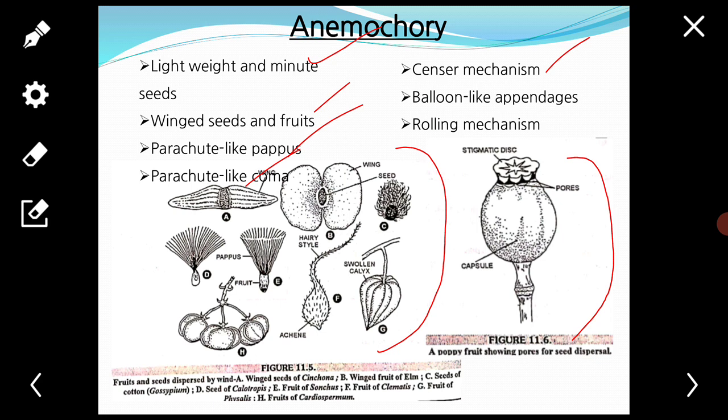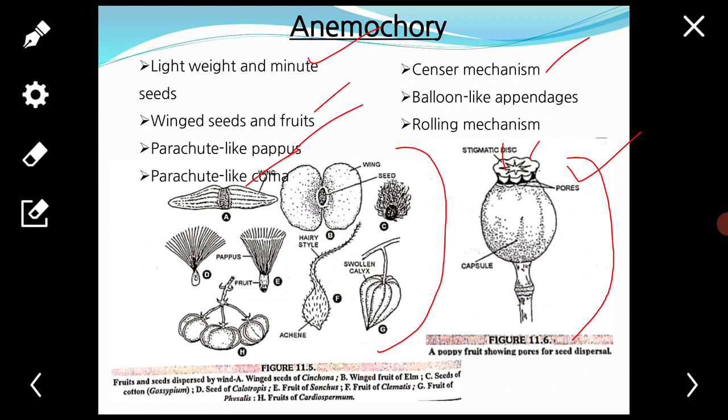These pores allow only few seeds to disperse at a time when fruits swing in the air. Example, poppy, Argemone mexicana, dog flower, etc.